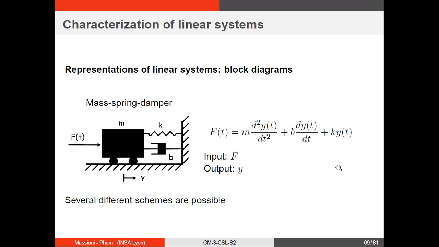So basically the level of detail and the level of complexity depend on which signal you want to make visible or not. If you are happy with only y and f appearing, well, just one block suffices. If you want to have v appearing, so the derivative of y with respect to time, then you would have to make it a little bit more complex. I leave this up to you for solving.